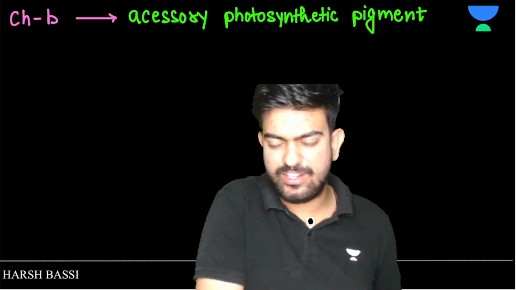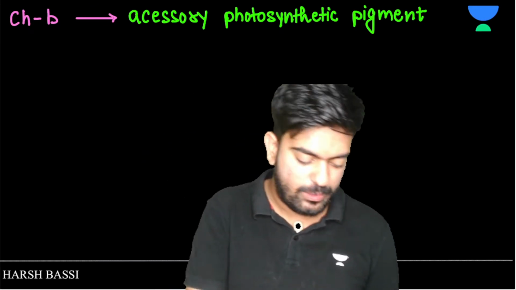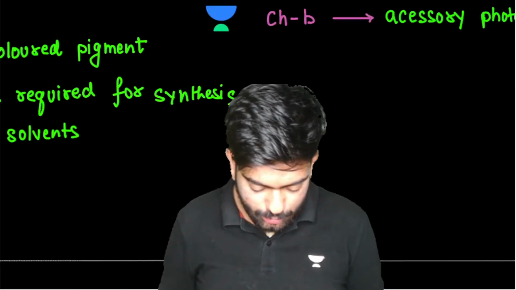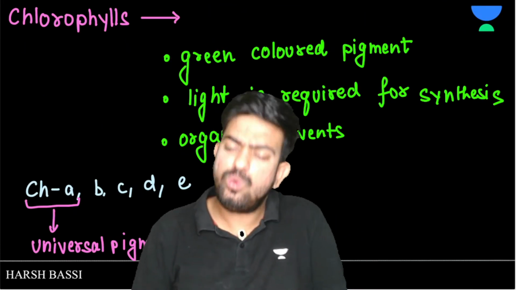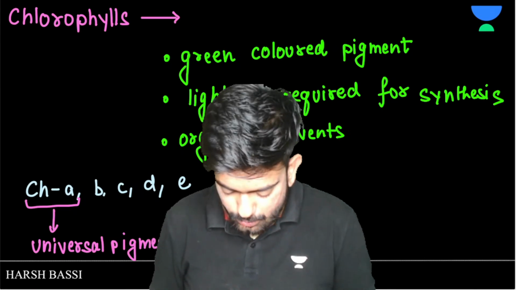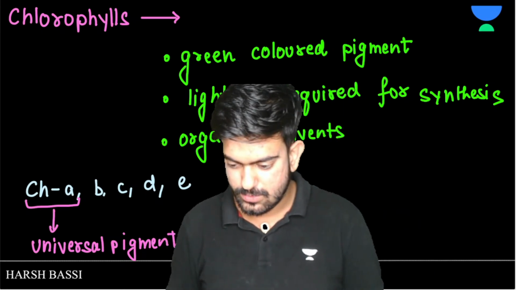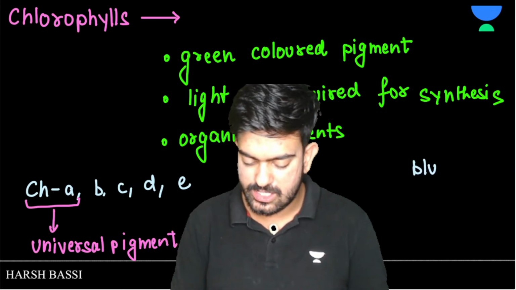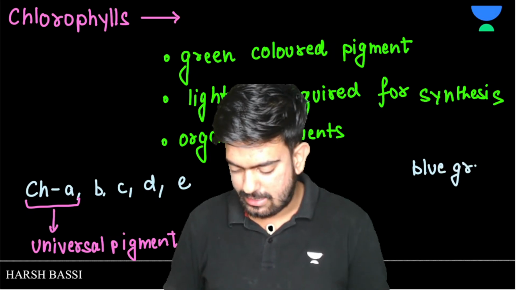Now here comes the color. We should know which pigment has which color. Chlorophyll A is blue-green in color. Should I write here? Okay, I'll write here. Chlorophyll A is blue-green in color.